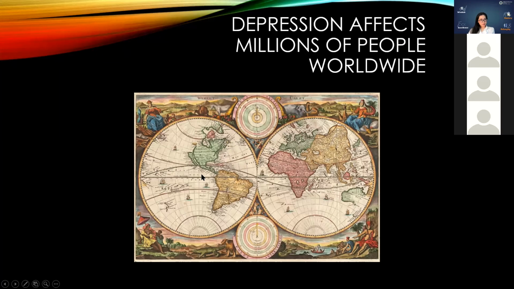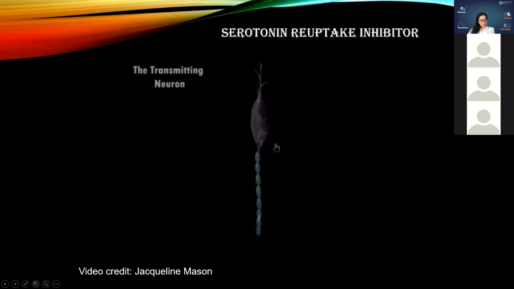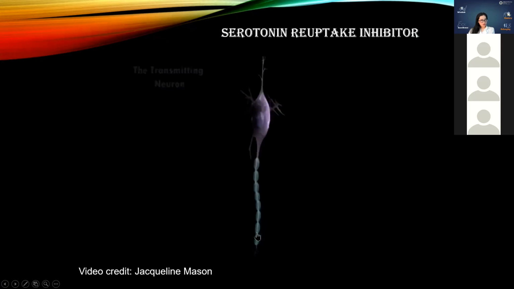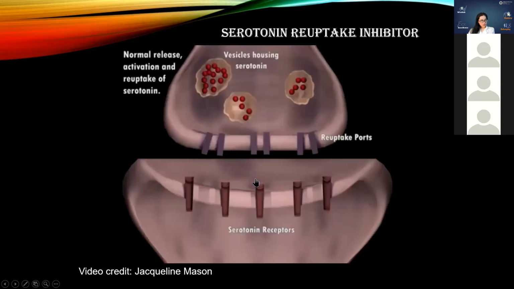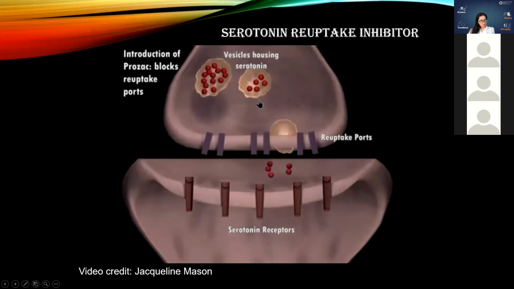Depression affects millions of people worldwide. So this is the serotonin molecule that people use for curing depression. Let's see. This is the brain cell, this is the dendrite, and this is the axon. So at the end of the axon, there would be the synapse, which releases this serotonin in red, and serotonin will be reuptaken back.